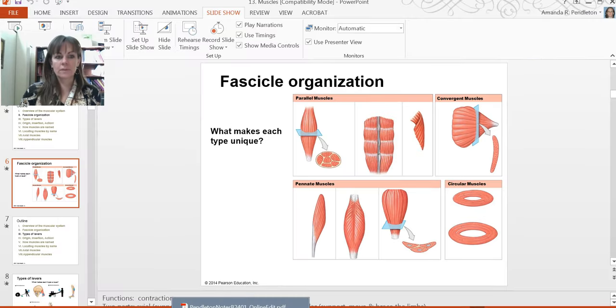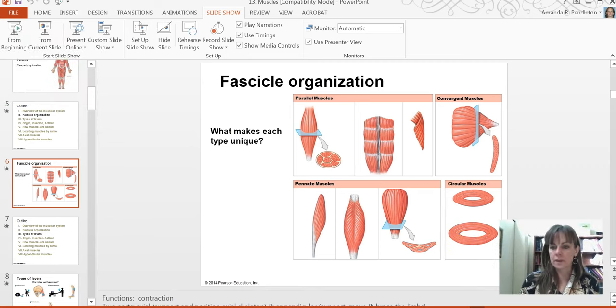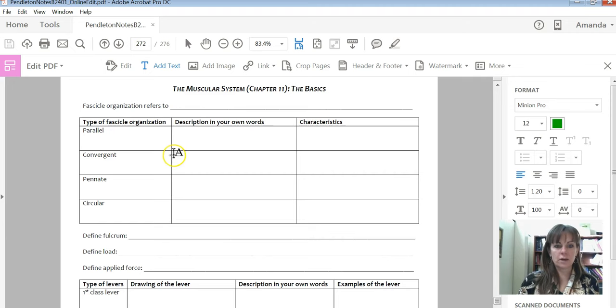Okay, so if we go here to our notes packet, this here, fascicle organization, remind yourself what a fascicle is and what it means to be organized. It's the direction that those fascicles are pointing along that muscle. These are the 4 different types, and so given what we've just talked about, feel free to replay it. Describe what does parallel organization look like.